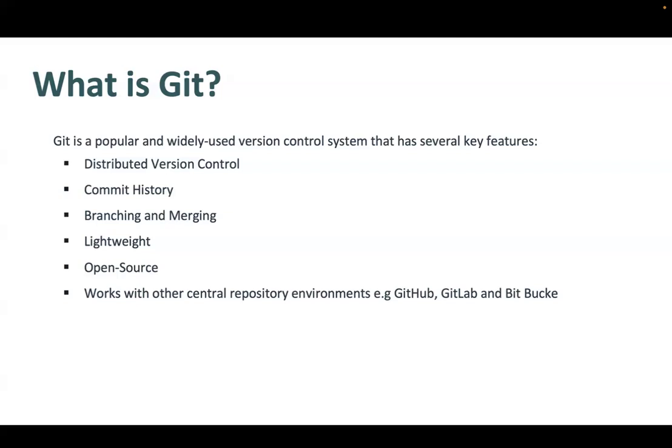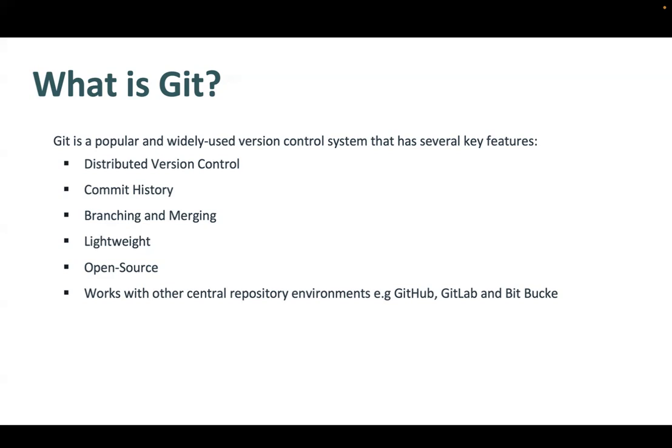So Git is a popular, widely used version control system that has several key features: distributed version control, commit history or change history, branching and merging. It is very lightweight and open source, which means we don't pay any price for it.